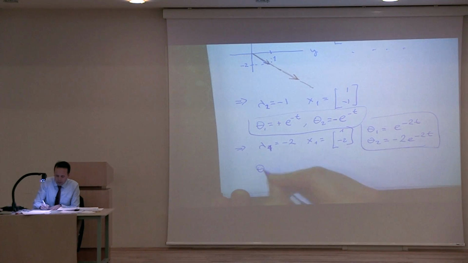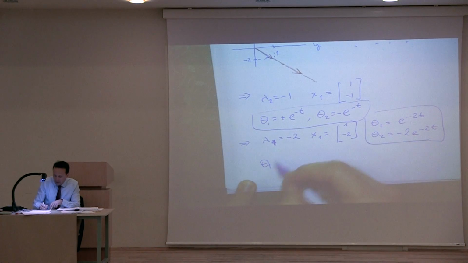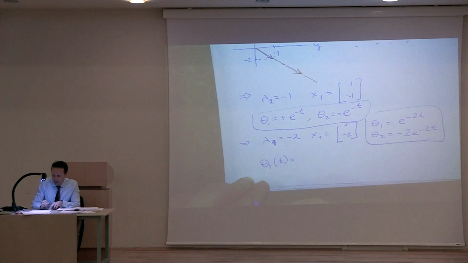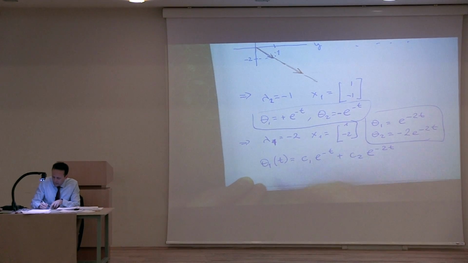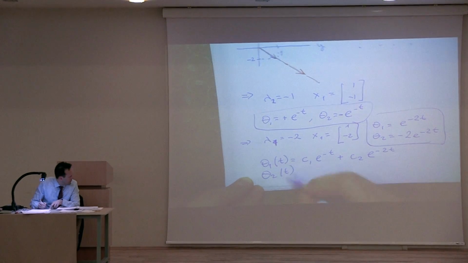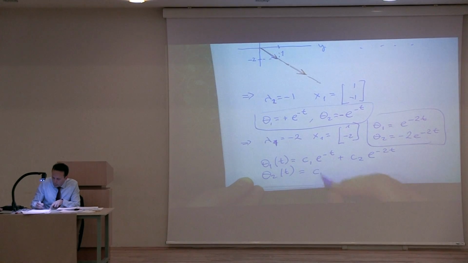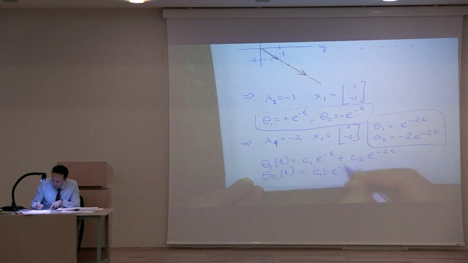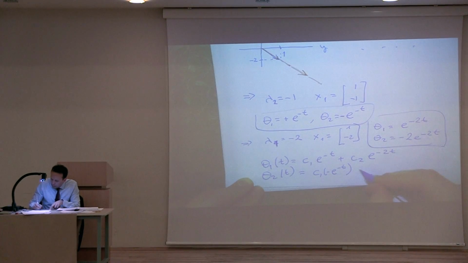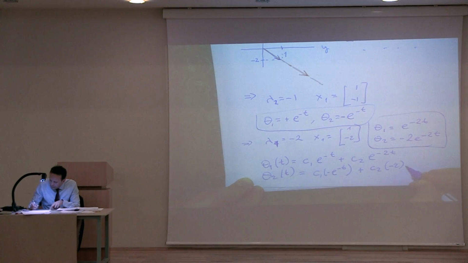So theta 1 of t is equal to c1 times e to the power minus t plus c2 times e to the power minus 2t. And theta 2 of t is equal to c1 times minus e to the power minus t plus c2 times minus 2 times e to the power minus 2t.